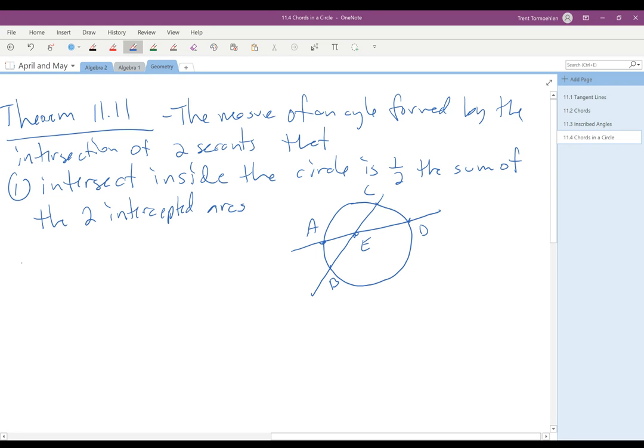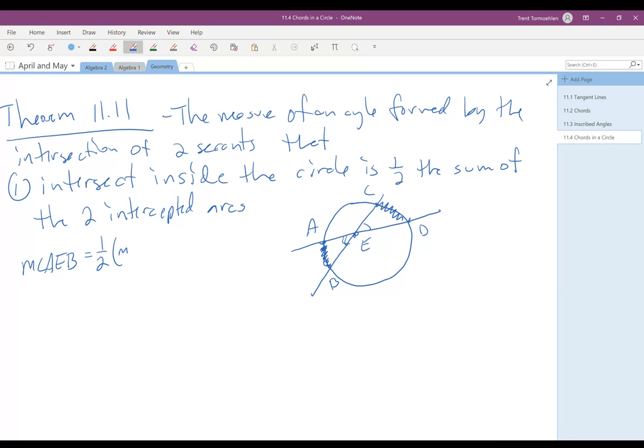Well, the measure of angle AEB, so this angle right here, is going to equal one half the measure of the intercepted arcs for that angle, this one and this one. Because remember, these two angles, AEB and CED, are the same, so we're considering both of those. So the two arcs that it intercepts are AB and CD.